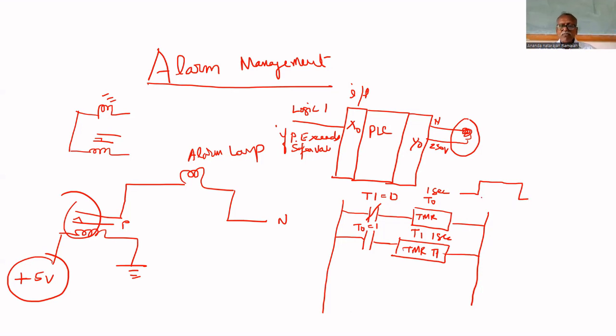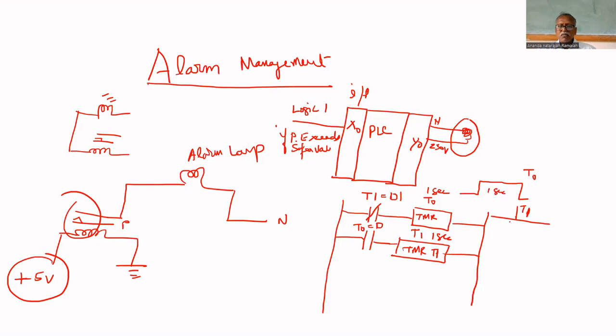Immediately, it will be turned off. But this turning off means T0 also becomes 0. That's why T1 immediately turns off. So again it becomes 1, momentarily, for a fraction of a second. Which one? T1. T0 was on for 1 second.